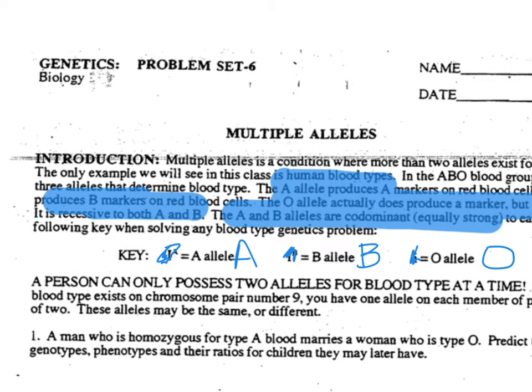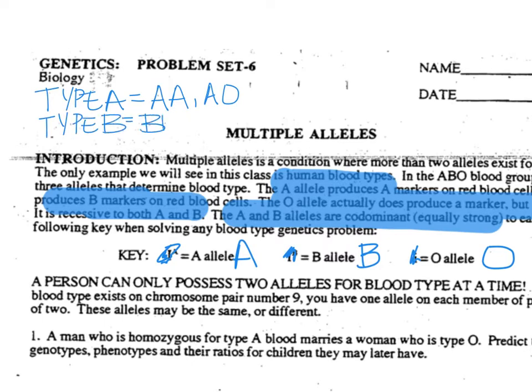like this, all right? So if we're talking about type A blood, you could be homozygous type A, or 2 big A's, or you could be heterozygous AO, because remember, O is recessive. For blood type B, same idea.